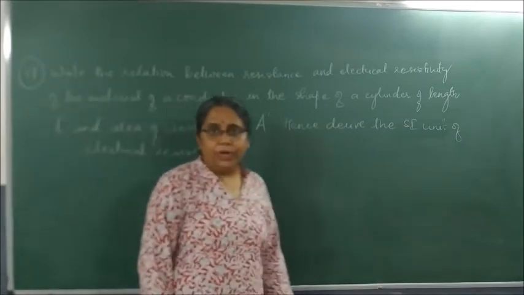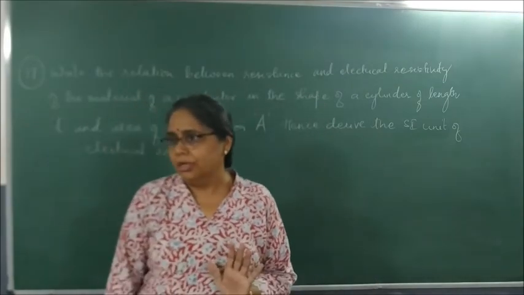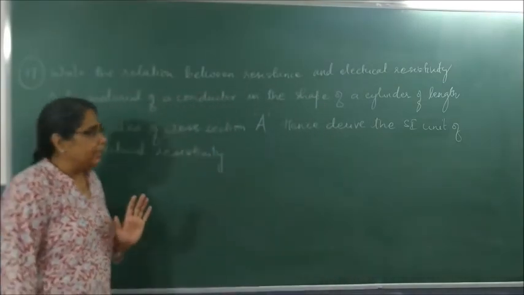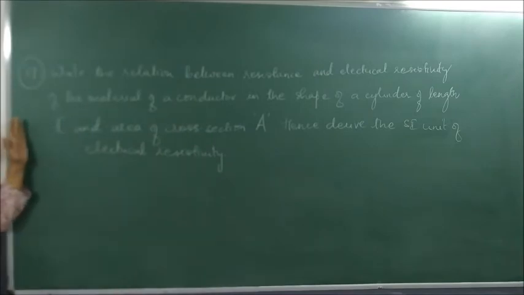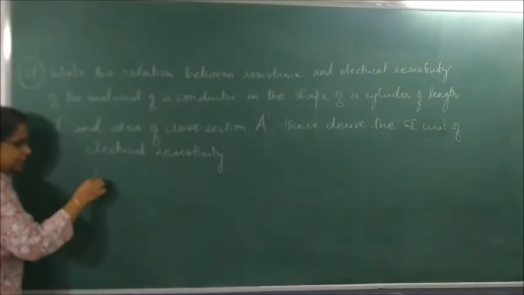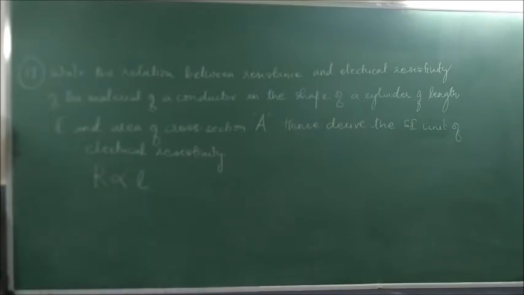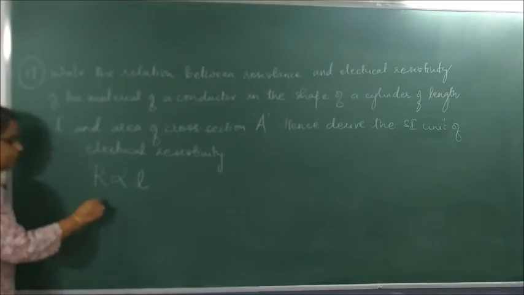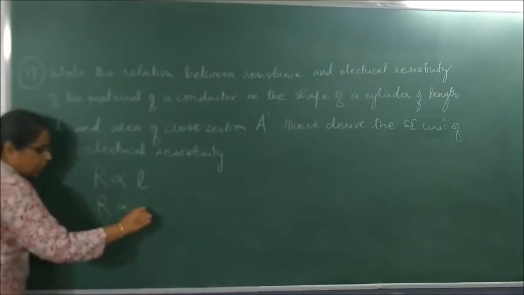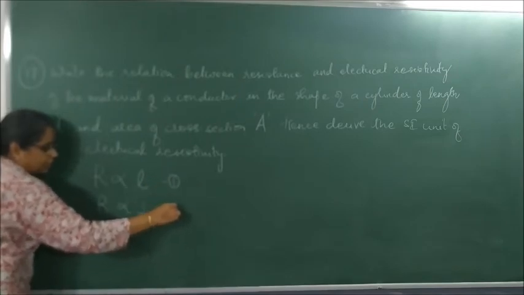If you look at the questions, these are all there in our notes. If you follow and read correctly, this is nothing but the question given on derivation of resistivity. So we start from where we know that resistance is directly proportional to length of the conductor. Correct? Resistance is inversely proportional to the area of cross section. This is 1, this is 2.